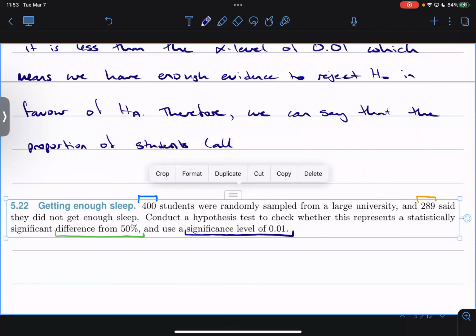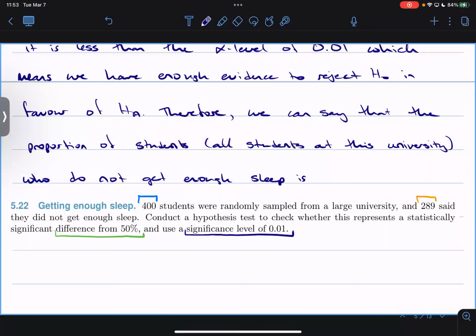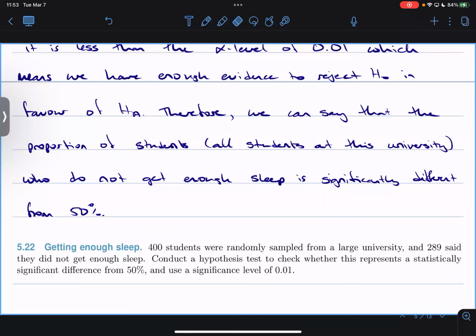All students at this university, but you can just say the proportion of students who did not get enough sleep, or who do not get enough sleep, is significantly different from 50%. I'll clean this up here.